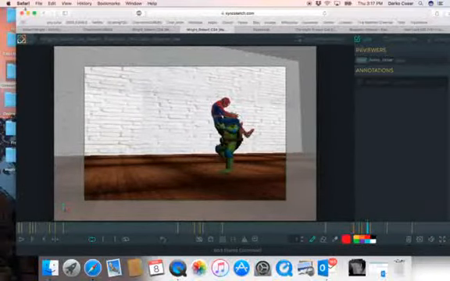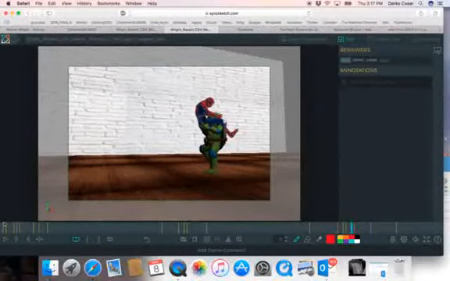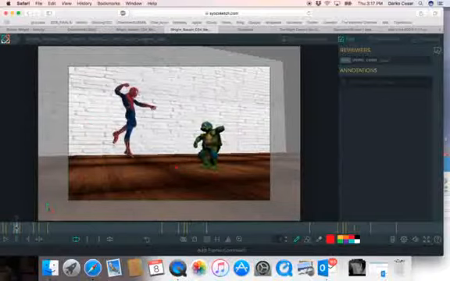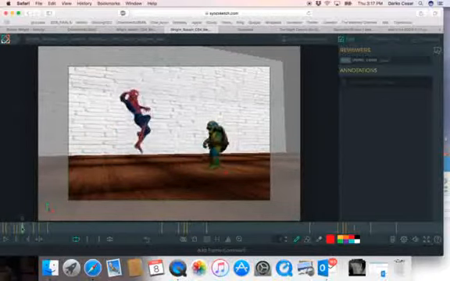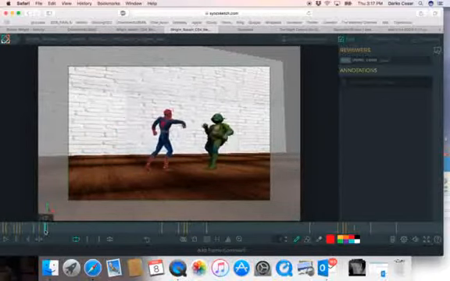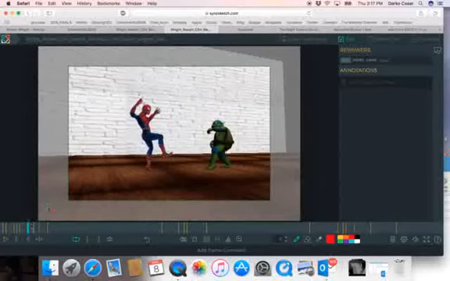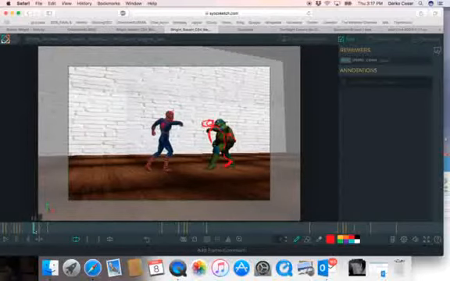All right, so let's see about Spider-Man. It feels very stiff here. Why? Because as he lands, he needs a bigger dip before going to that pose.